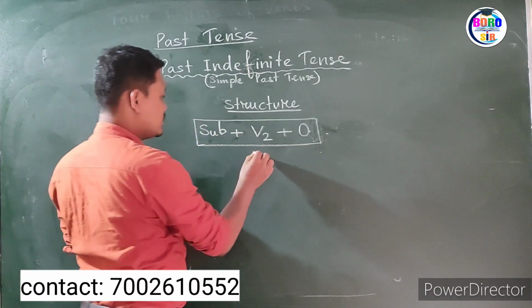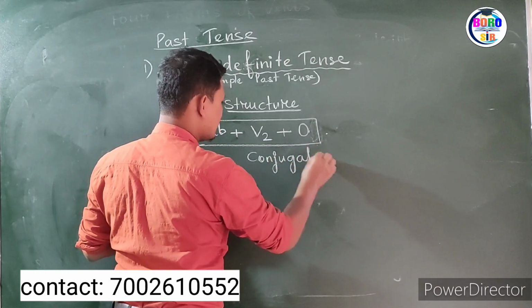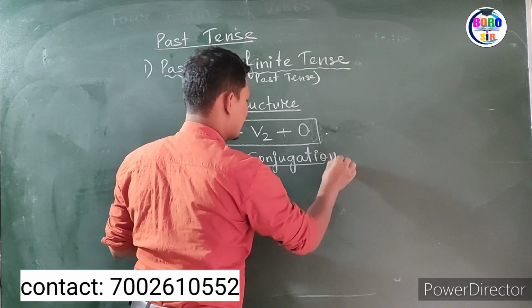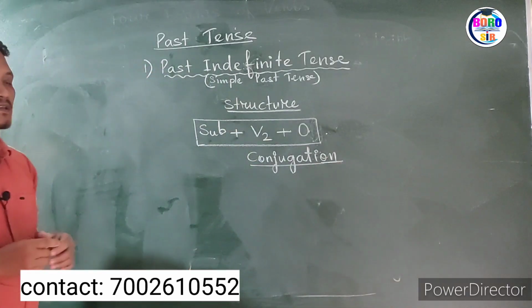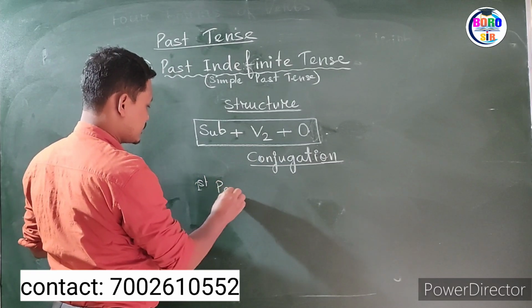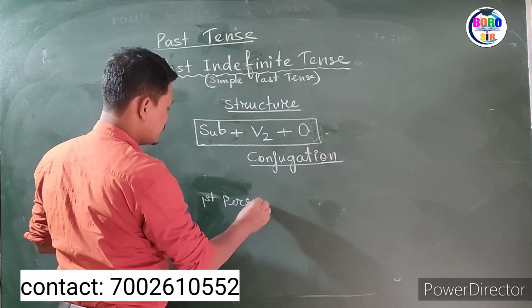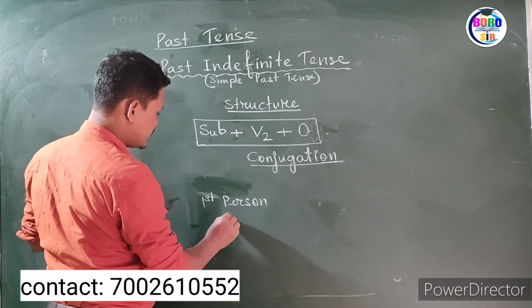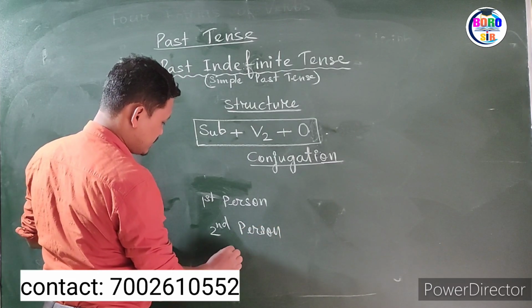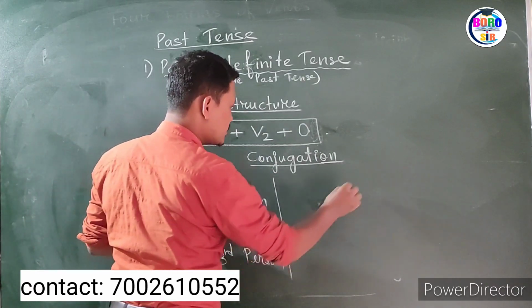Now we are going to learn the conjugation. How do you conjugate a certain verb in past indefinite tense? So let us learn it. Now in conjugation we need first person, second person, and just below it the third person, and here we have 2 columns.